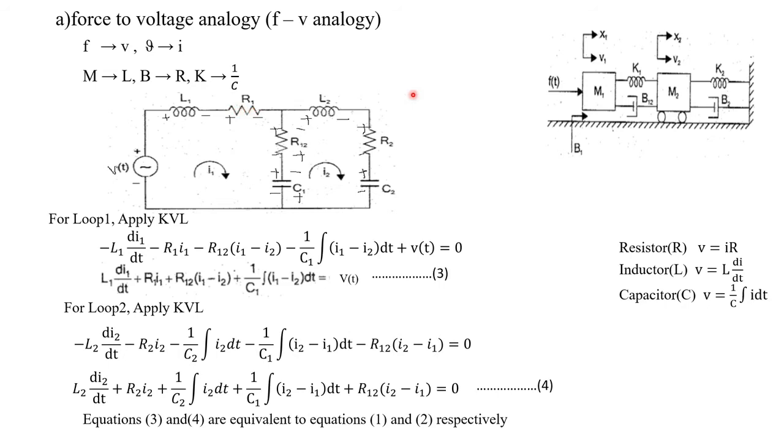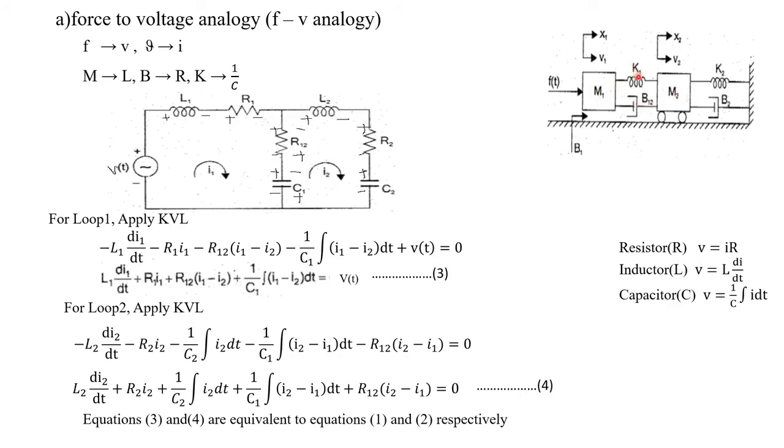Okay, now K1 as well as B12 are the elements connected between M1 as well as M2. So this B12 is nothing but B transformed into R, isn't it? R12 should be connected in between loop 1 as well as loop 2, because B12 here is connected between M1 as well as M2.